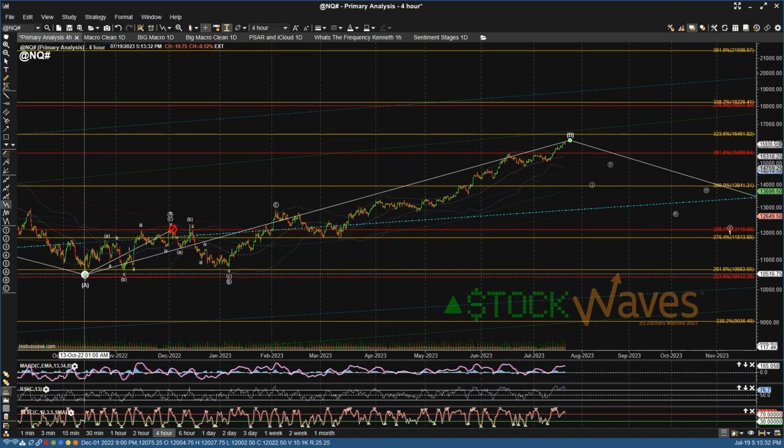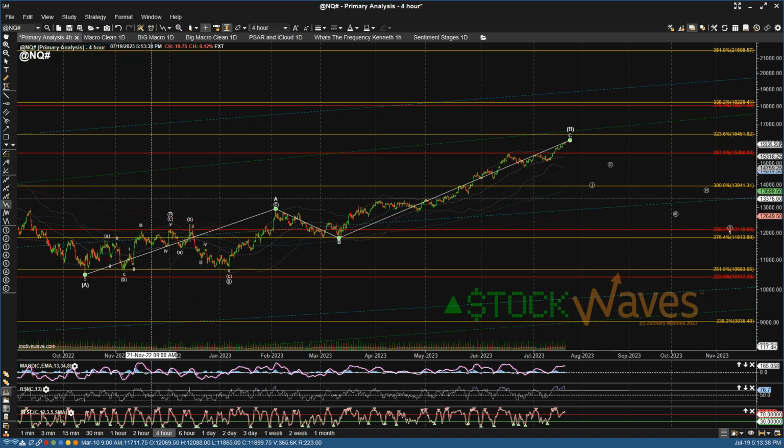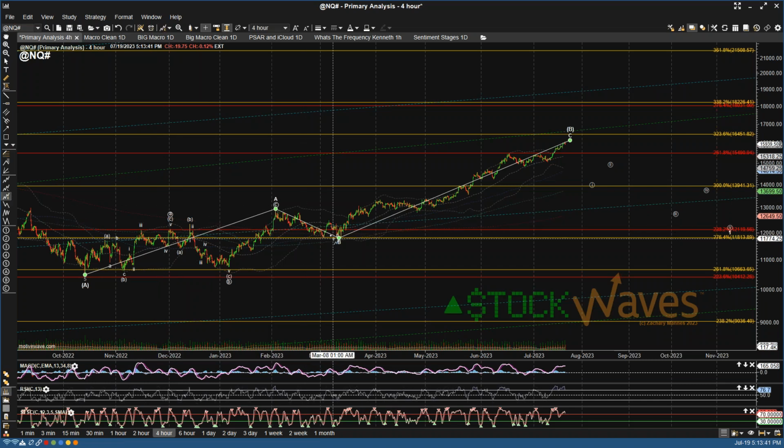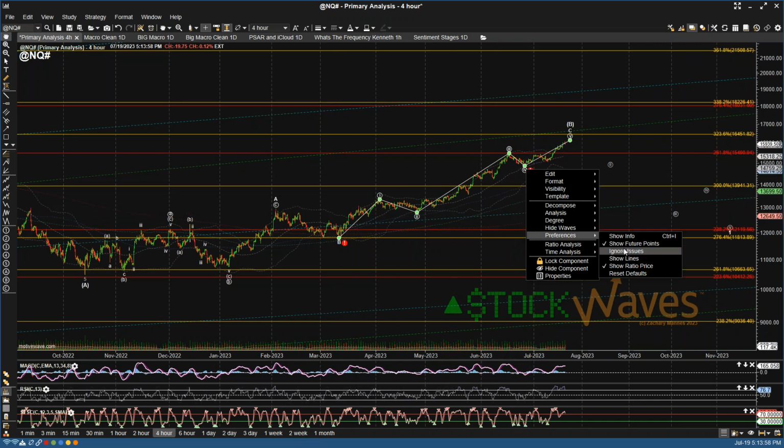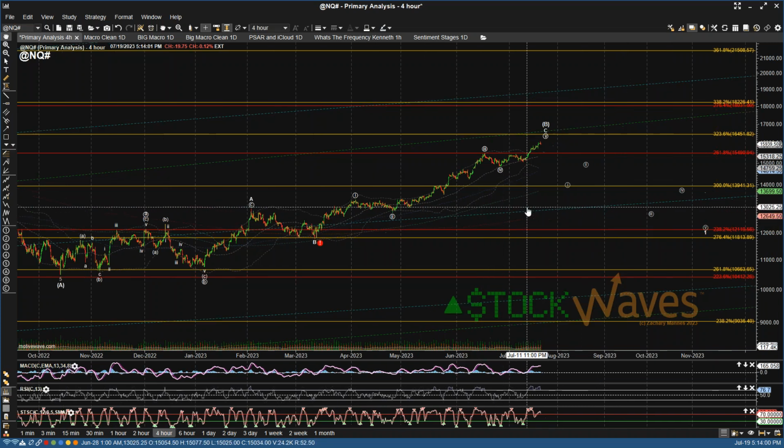But otherwise, very much the same count. And not really the best impulse, but it does not have to count as a diagonal. It is going to yell at me though, so I'll click ignore issue.